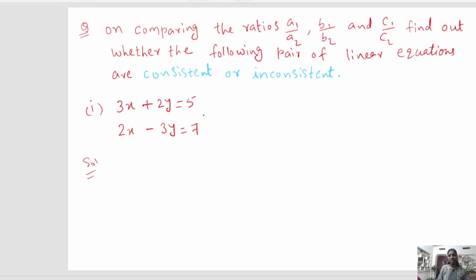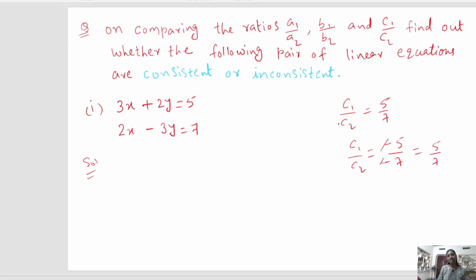First see here, the constant term is on the right side. So if we find c1 by c2, we will get 5 by 7. Suppose we transpose 5 and 7 to the left side, then also we will get c1 by c2 is equal to minus 5 by minus 7, which is equal to 5 by 7.